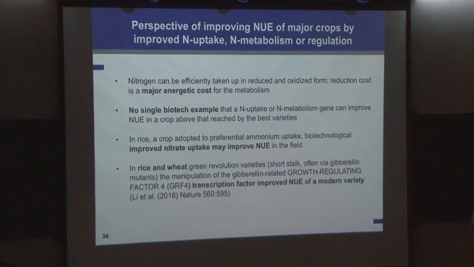It's supported by gibberellin. And in these gibberellin mutants, you have shorter stems, you have shorter internodes, and you have less lodging, and you have varieties that can produce more grains with certain nitrogen fertilization.